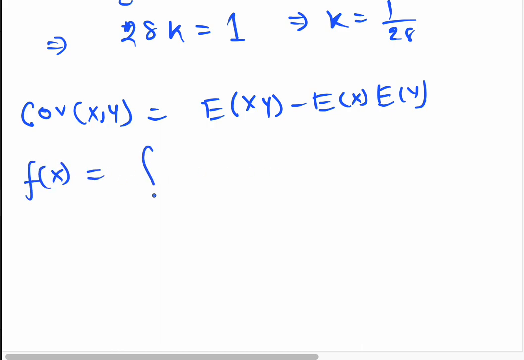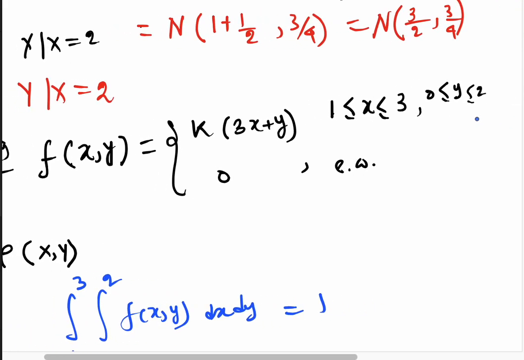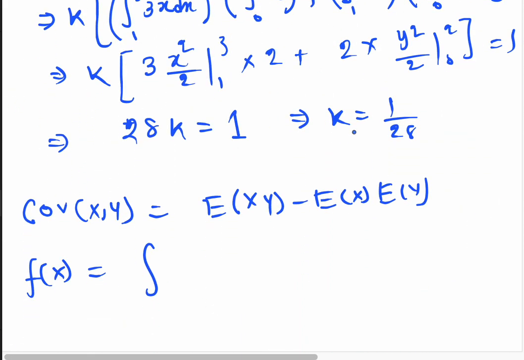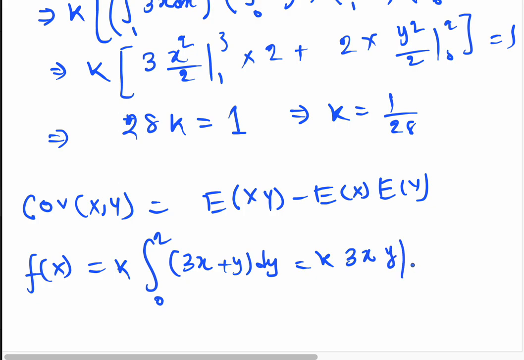So let's calculate the marginal distribution function. That will be integration over the y range 0 to 2 of k times 3x plus y dy. This is k times 3xy from 0 to 2 plus y square by 2 from 0 to 2.